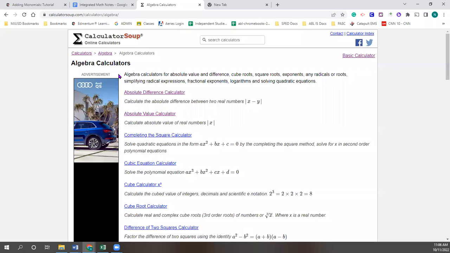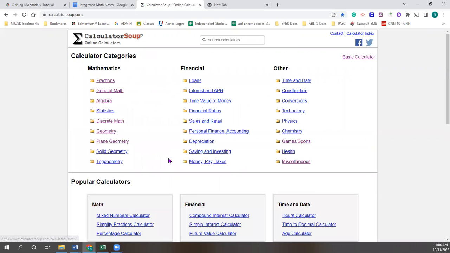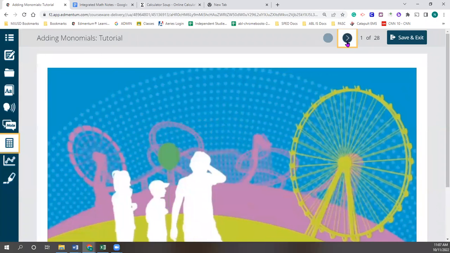I also encourage you to go to calculatorsoup.com and use one of the many calculators that they have available. General math and algebra are probably going to be the most useful at this time. However, I use the fractions one a lot. Okay, let's continue.